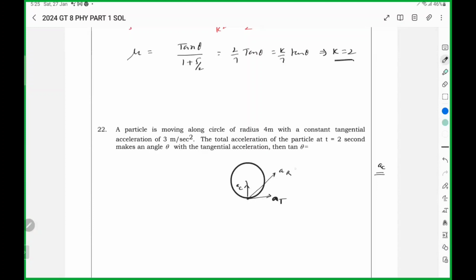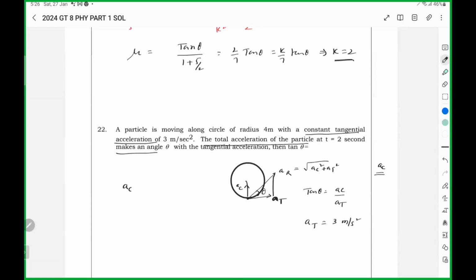The total acceleration is the square root of AC square plus AT square. If the total acceleration makes an angle theta with the tangential, then tan theta will be AC by AT. But he has given only constant tangential acceleration, that AT he has given 3 meters per second square.